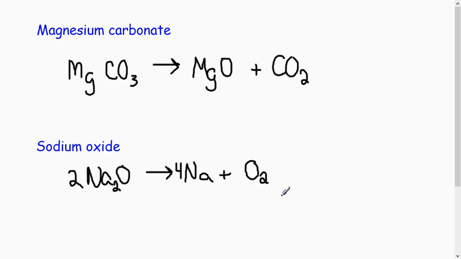You need to be able to identify which type each compound is and decompose it appropriately. Remember, whenever you are writing the formula for a compound, you need to look up the charges and crisscross. If it's something that has more than one possible charge, whatever charge is used on the reactant side, you must also use on the product side.